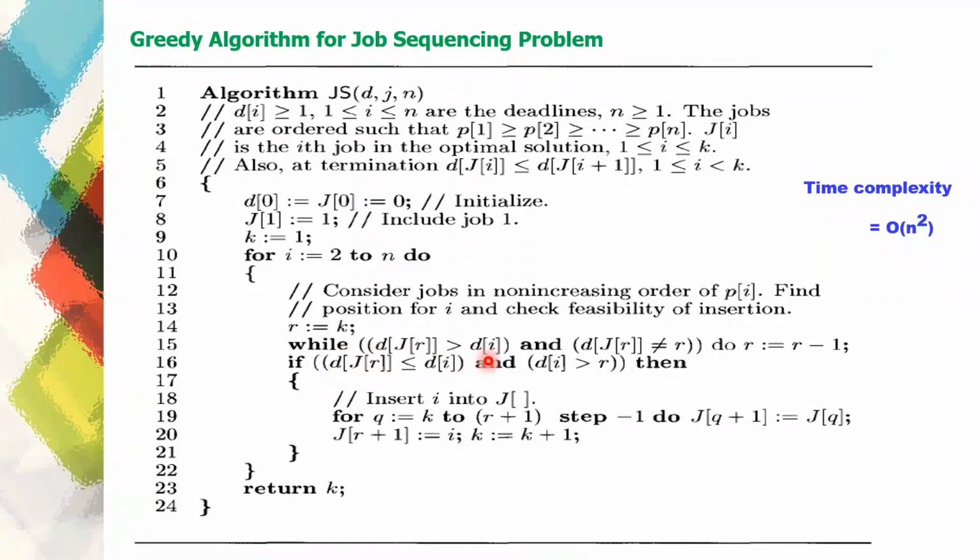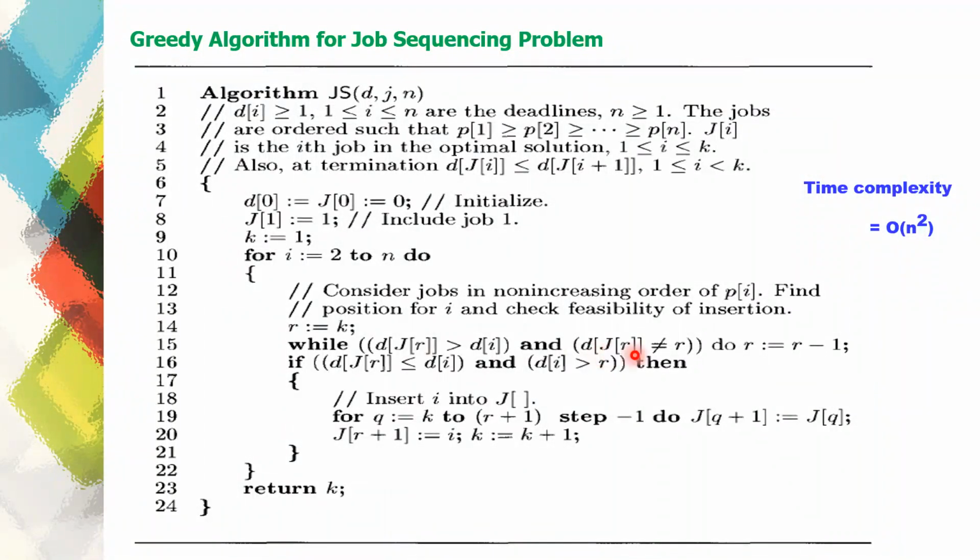You have to check these two conditions. Deadline of J of R should be greater than deadline of the ith job, and deadline of rth job should not be equal to R. If these two conditions are true, decrement the R value and repeat the process. Once any one of these conditions becomes false, you're going to stop and you'll have an empty slot.